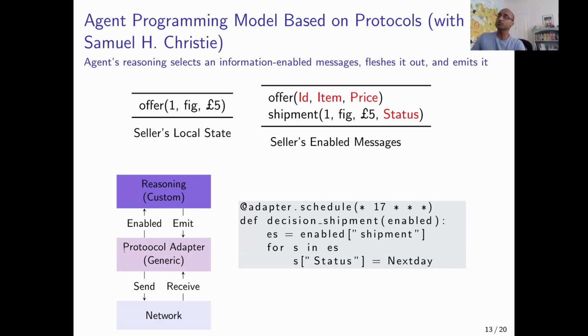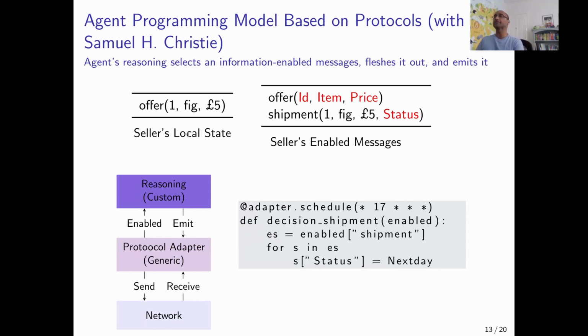What we pose here in between is a protocol adapter. And this protocol adapter is generic. It interprets the BSPL protocols. And what it does, it exposes an interface for the agent's reasoning, where it tells the agent, these are the actions you can take in this state. What do you want to do?